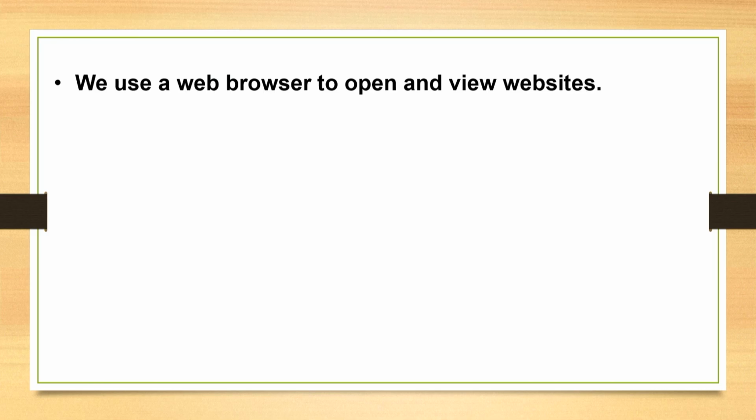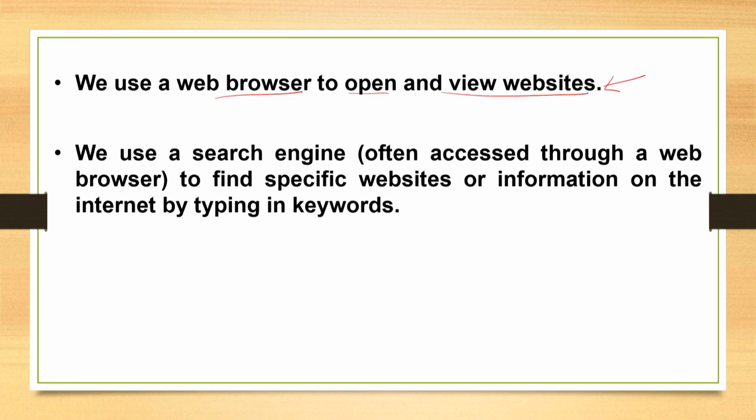So, what I have discussed in this lecture: we use a web browser to open and view a website, that is the need for a web browser. Then we can use a search engine, often accessed through a web browser, to find specific websites or information on the internet by typing in keywords, as we usually do with Google.